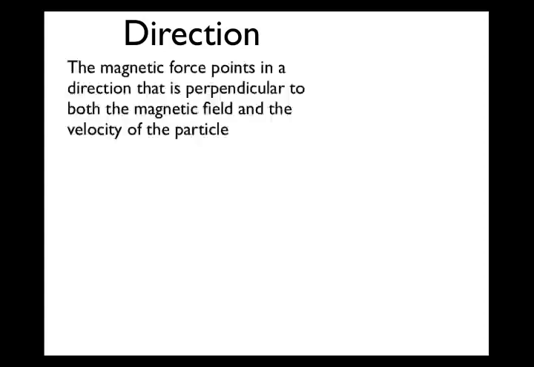So if we only use that relationship to figure out the magnitude of the force, then, by the way, that's called the Lorentz force in many places that you would read about it. We need another rule for figuring out what direction that force is in, and so what we end up using is something called a right-hand rule. The magnetic force points in a direction that's perpendicular to both the magnetic field and the velocity of the particle, and so we have this right-hand rule for figuring out what that direction is.